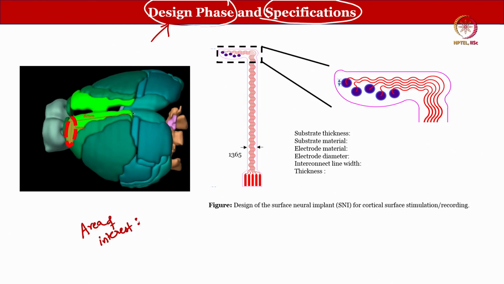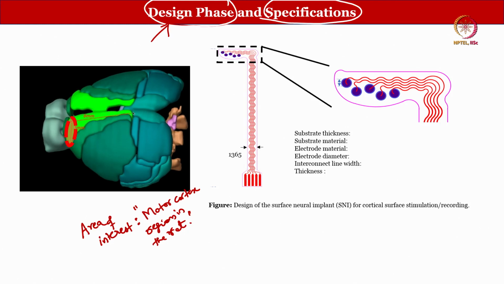For example, in one of the applications that I work with, let us say the motor cortex region in the rat. Why are we interested in the motor cortex? Because we want to decode the signals whenever the rat moves.